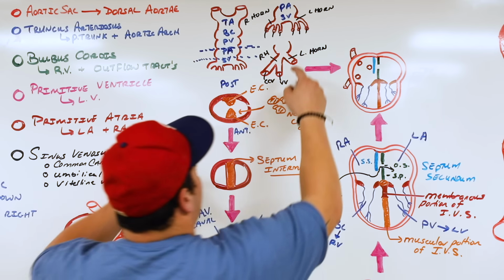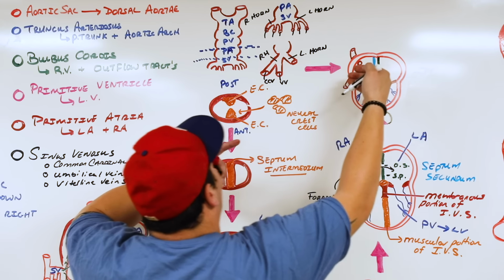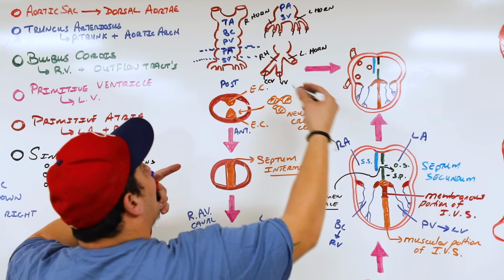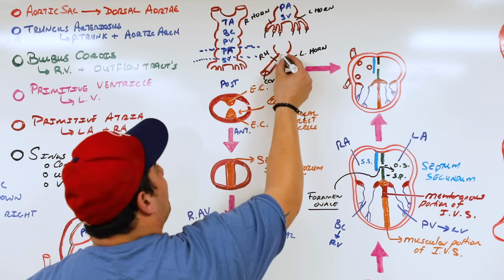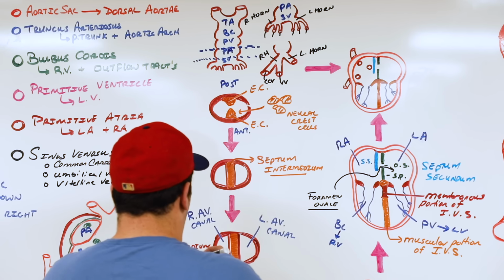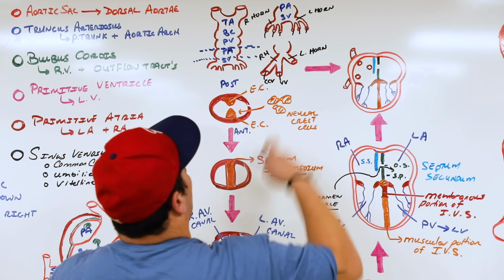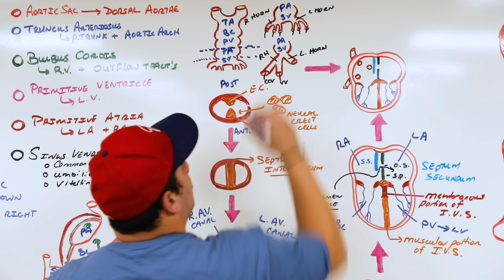The next thing is, not only do those tributaries break down, but the left horn starts shifting towards the right and fuses with the right horn a little bit before it enters into the sinus venosus. So again, above where these horns enter is your sinus venosus, and above this would be the primitive atria.